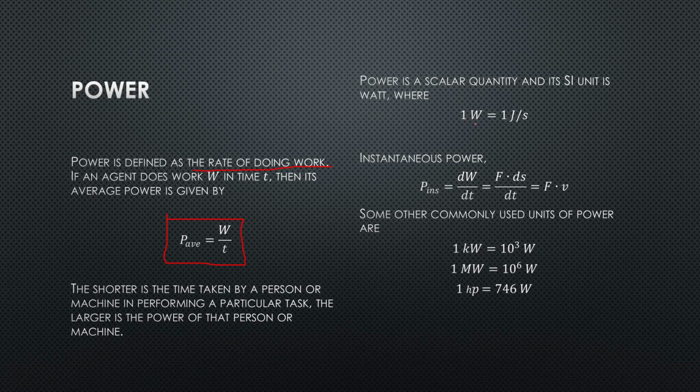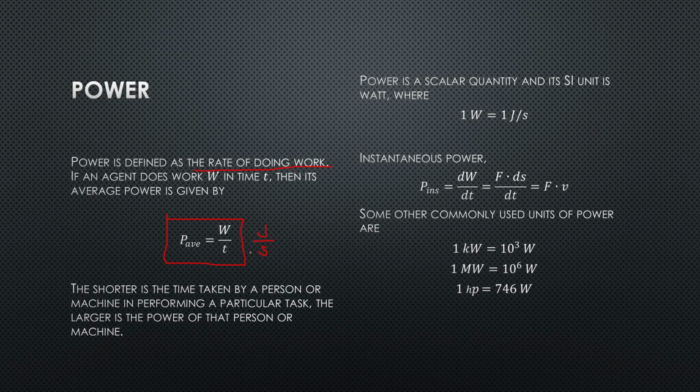The SI unit is the watt. One watt is equivalent to 1 joule per second, where work is in joules and time is always given in seconds.